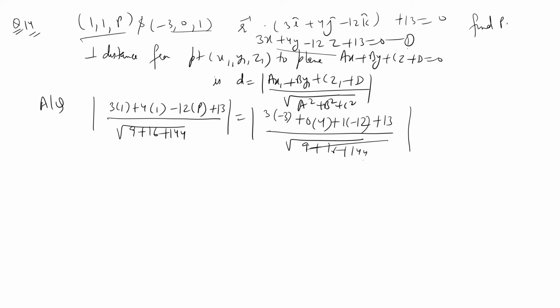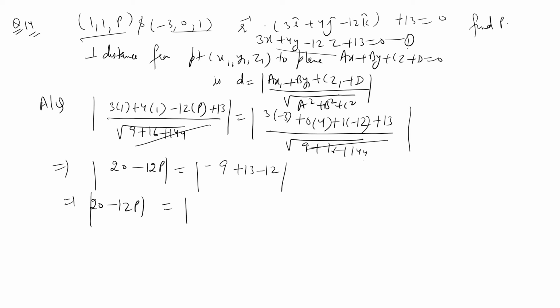Okay, so I think we should eliminate it because the terms are same, so we can eliminate it. So it becomes 3 plus 4, that is 7. Okay, 7 plus 13 is 20. So I will go for 20 minus 12p. This is equal to minus 9, and minus 9 plus 13 minus 12. Okay, so I will get it as 20 minus 12p.